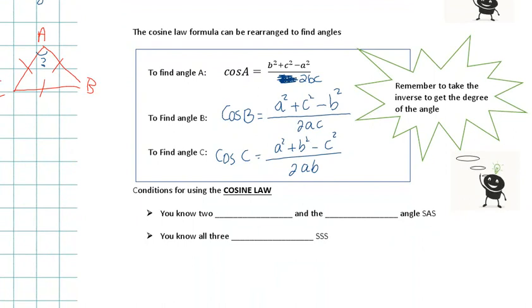So, as I explained earlier, in order to use the cosine law, you know two sides. And it's very important that it's the contained angle. So it's side, angle, side.